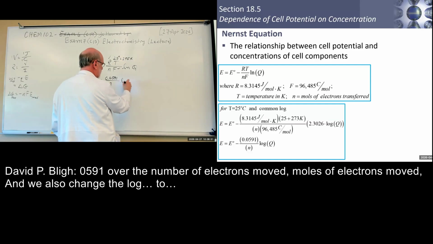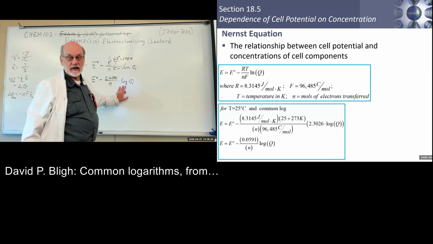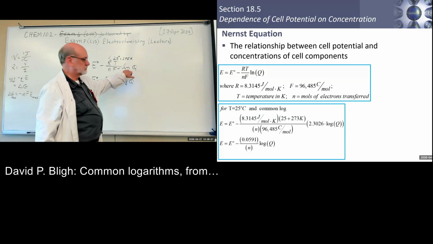And we also change the log to common logarithms from natural logarithms.